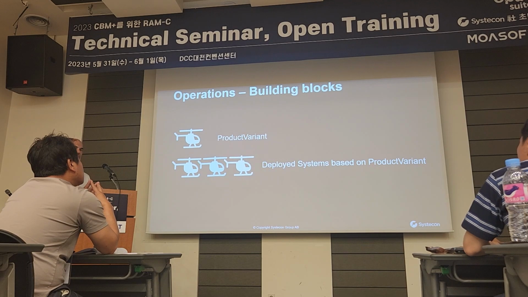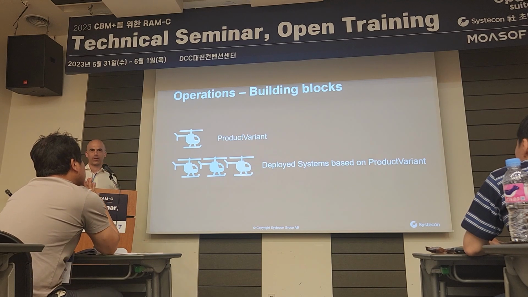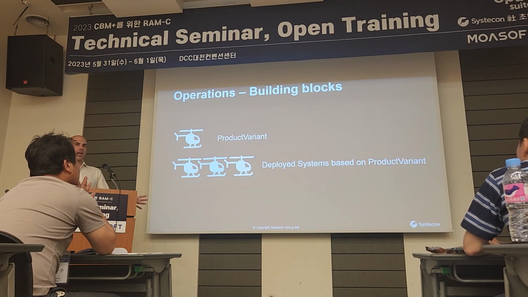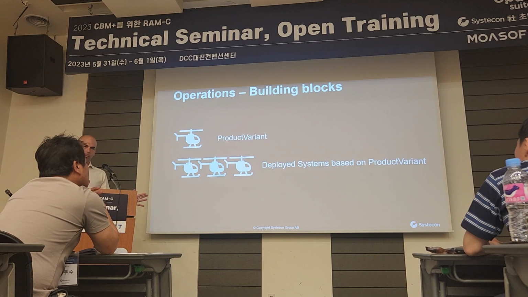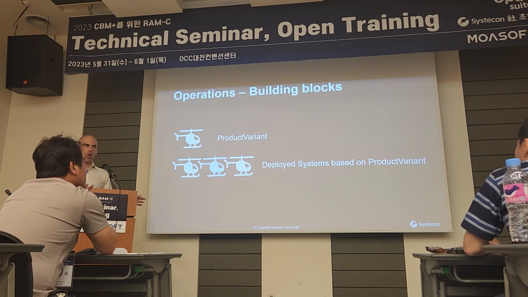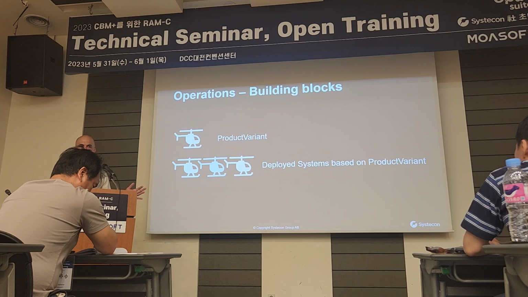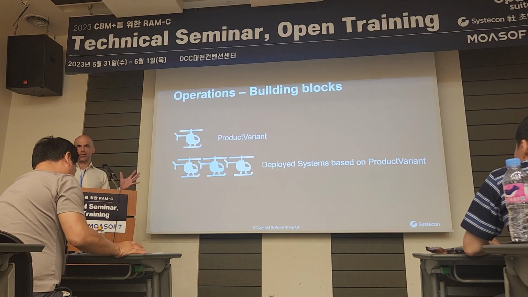So you see the difference? It is a realized product. And to exemplify what I mean by that, you could have a product variant described in the model, on which, for example, you have an engine that can be realized by 3 different engines.